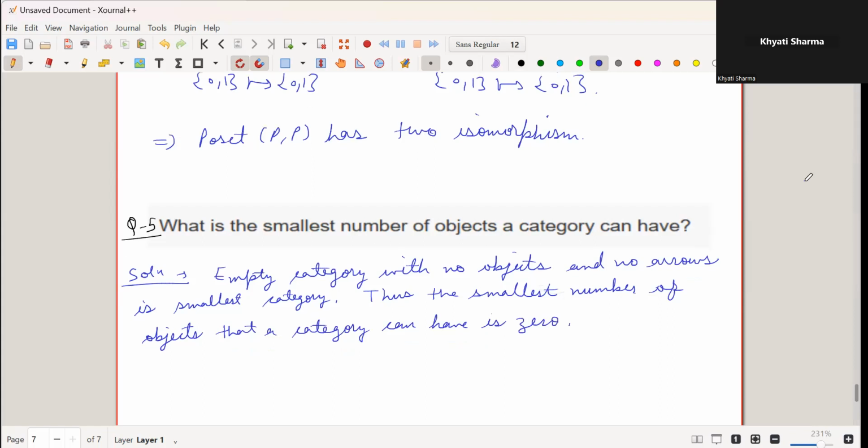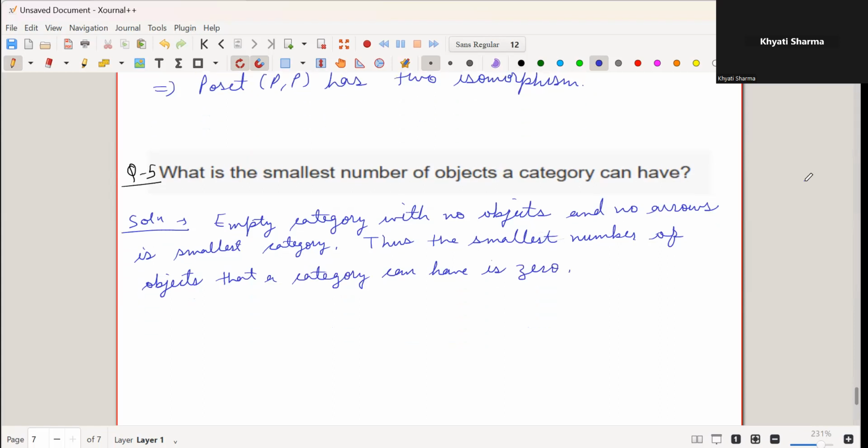Okay. So the empty category is also a category, and all the assumptions of a category are satisfied. So the smallest number is 0.